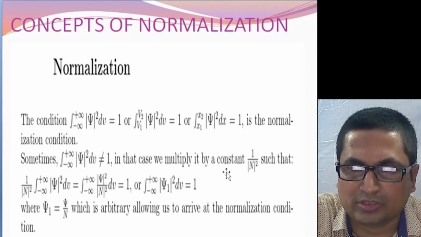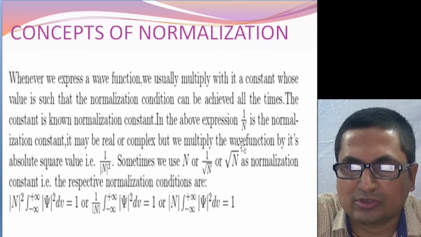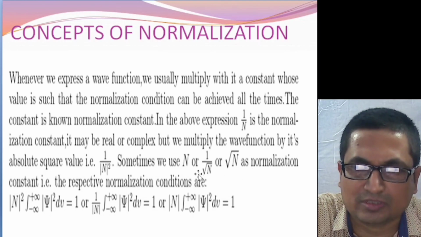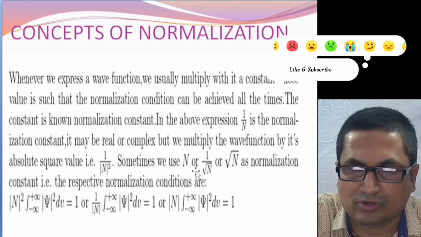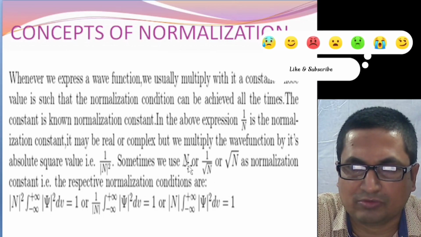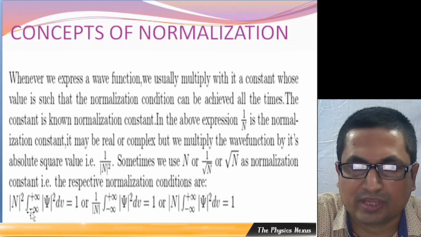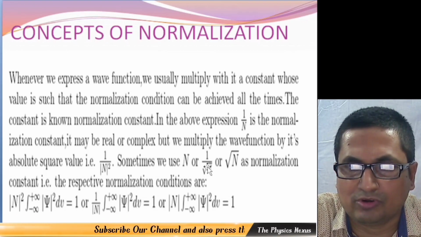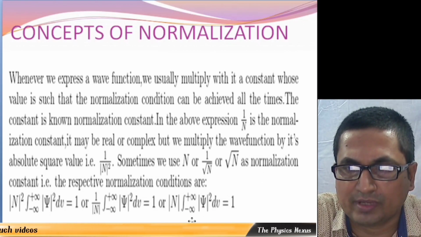And sometimes instead of 1 by n, we take that constant as either n, or 1 by square root of n, or square root of n. So in all cases the right hand side will become 1, just like these things. For multiplying the wave function with a constant n, we get a new wave function like this, or for 1 by square root of n we get this, or for square root of n we get this.